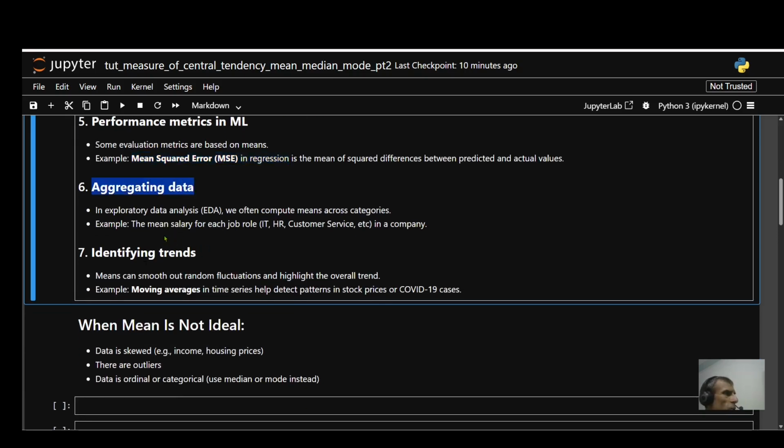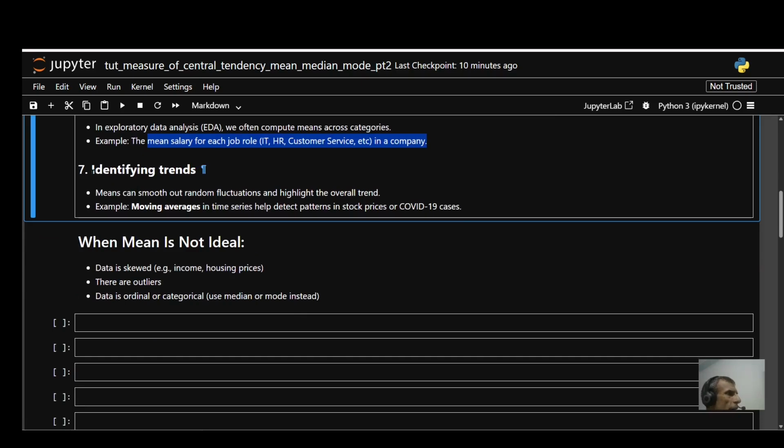When you are performing your EDA, or exploratory data analysis, often you compute the mean across various categories. For example, you want to calculate the mean salary for each job role. It could be IT, HR, customer service, any one of these in a company. So you compare the mean salary for each one of these job roles.